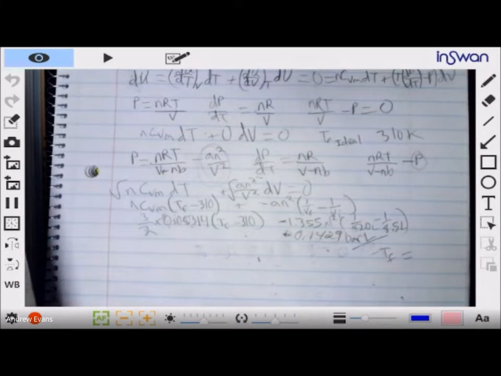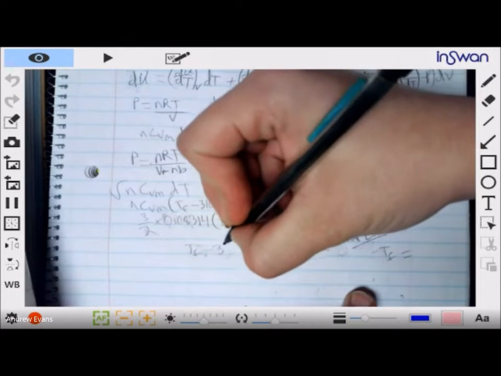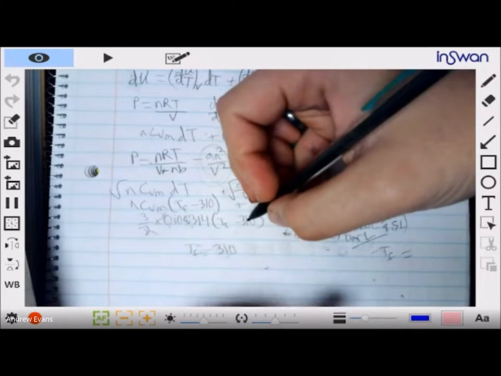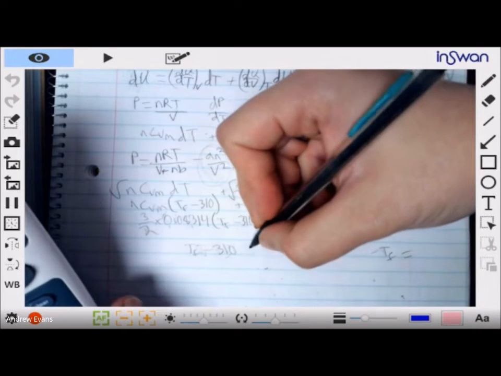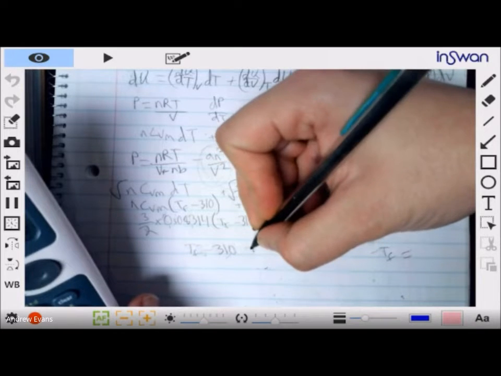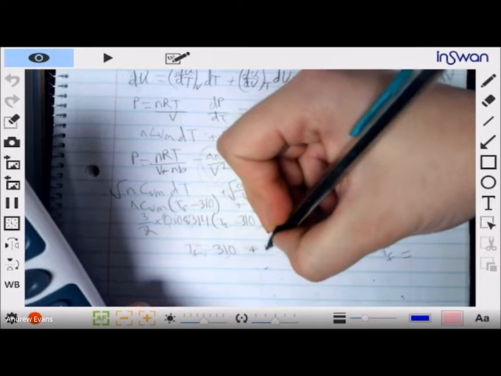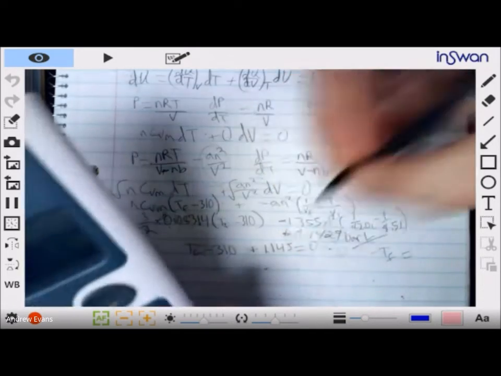So we'd get on one side TF minus 310 plus 1.145 is equal to 0.